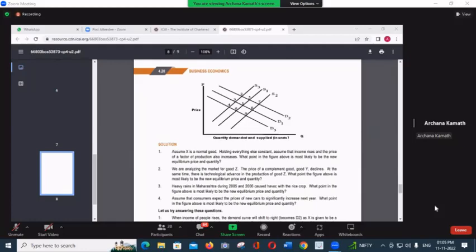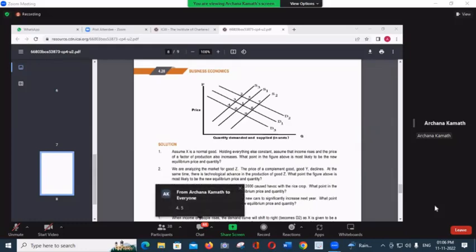We'll wind up with this. The fourth one is consumers are expecting the price of some automobiles to increase next year. So it is obviously going to influence your demand, right? So demand is shifting towards the right. When price is expected to rise in the future, you will be consuming more of it today. So demand is D2. And obviously, from a seller's perspective, you will wait until the price increases to increase your supply. So supply is going to remain the same. So D2, the new demand curve, and S1, the original supply curve, are intersecting at 0.5.